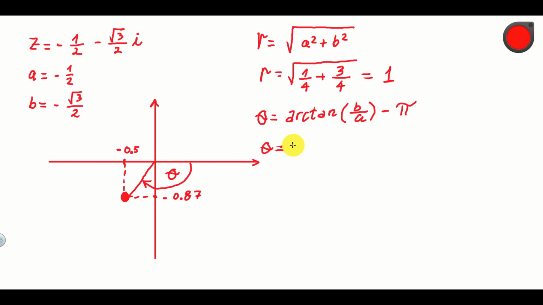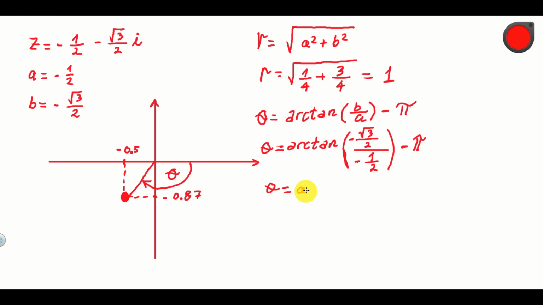Theta becomes arctan, b is square root of 3 over 2, and this should be divided by this. Don't forget the sign, right? We have a minus sign over here, and a is minus 1 over 2, and this becomes, let's see, arctan, and don't forget, yes, we shouldn't forget minus pi.